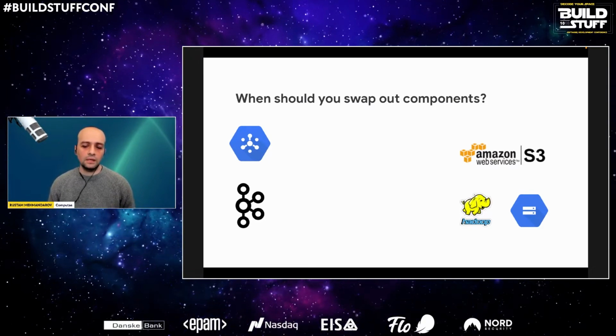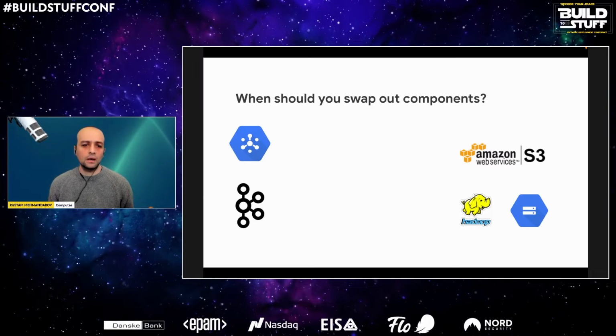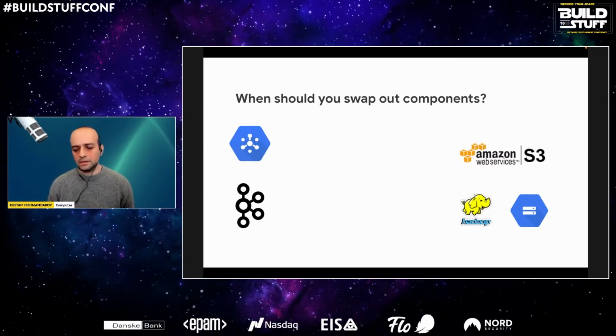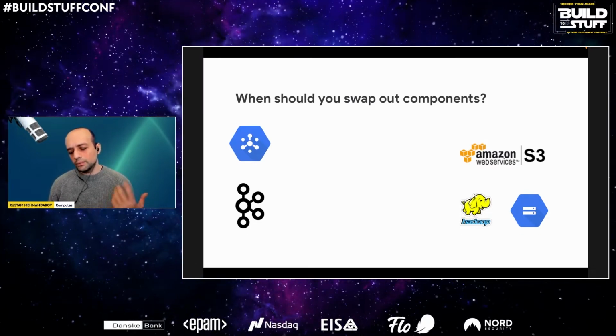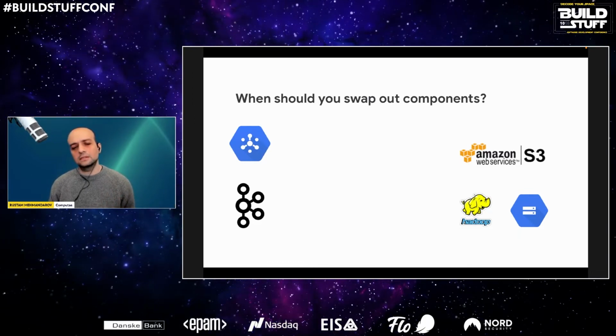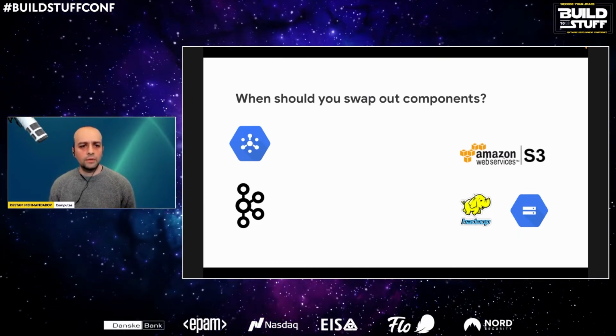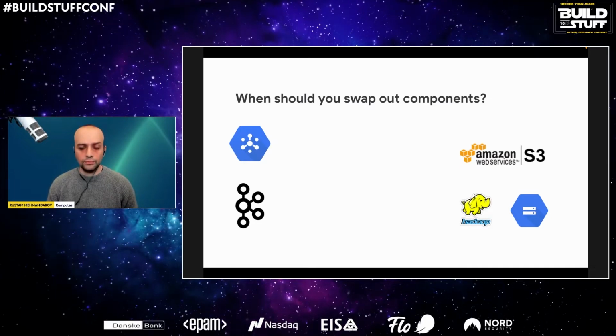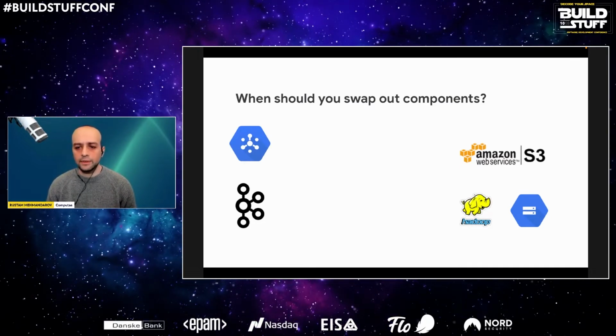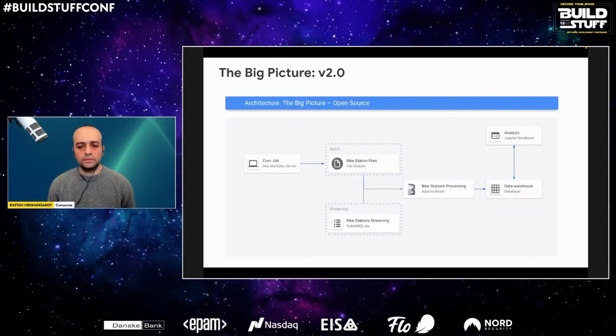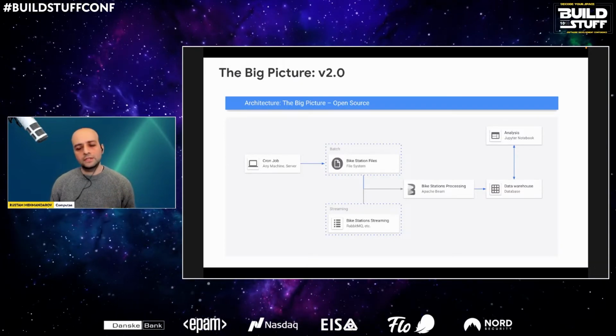It can even be Hadoop, and it could also be PubSub, so you can publish the results or get the data from some kind of message queue. So then the version 2.0 of this big picture evolved.